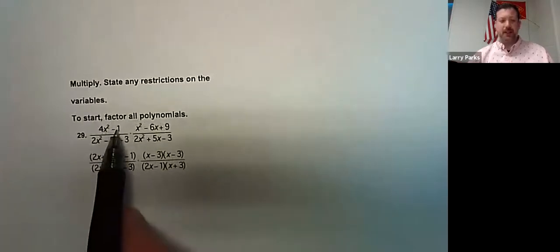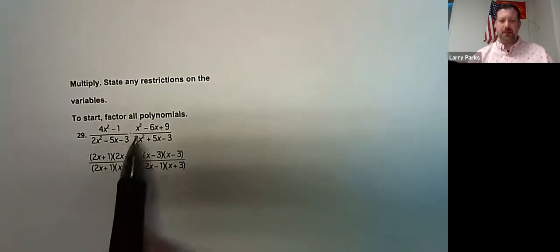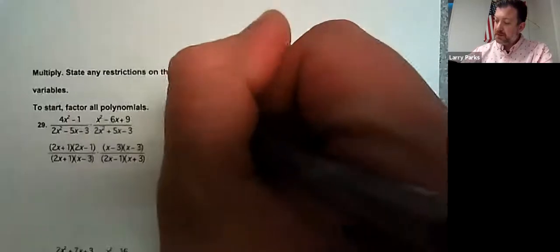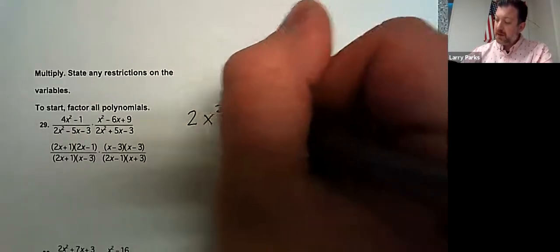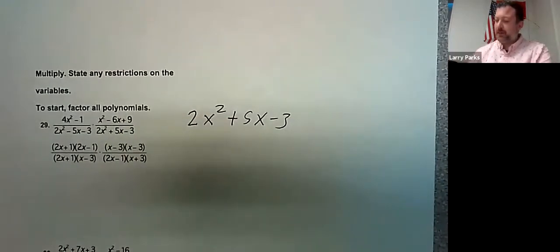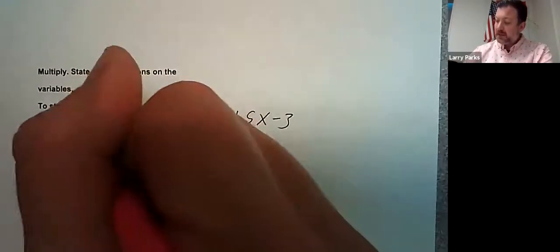On problem number 29, it starts it off for you, and you're supposed to finish. I hope you remember how to factor this. I know it's been a while. So I'm just going to show you how they went from here to here.